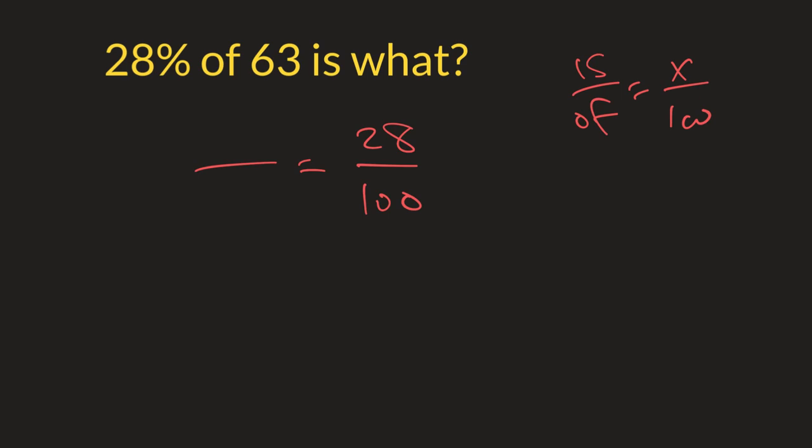Is that a 15 up there? That is an is. That is over of equals x over 100. I'm putting the percent proportion back over there on the right. Okay, now, we have to figure out the is and the of. All right, so listen to this. We've taken care of the percentage. So the 28, we're done with that. Listen closely.